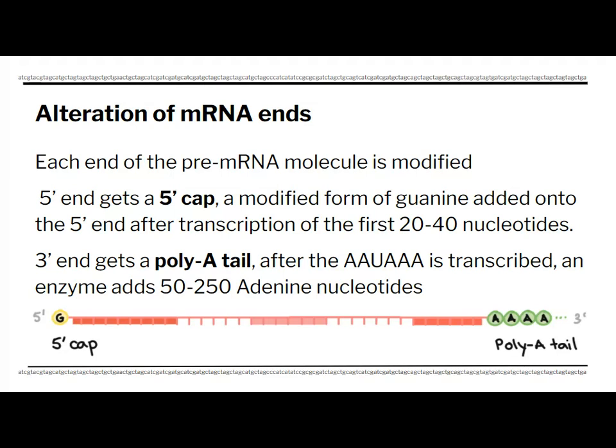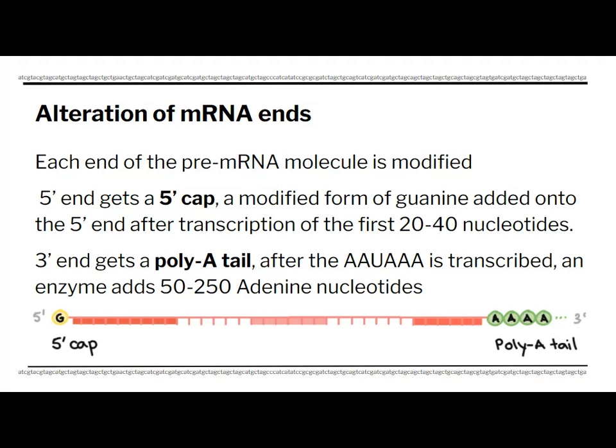So the 5' end gets a special modified guanine added to the 5' end after the transcription of the first 20 to 40 nucleotides. So after we get a decent ways down, before the end is even done, we will have this special guanine added to the end, or the beginning, I guess. That's a cap. It makes sure that nothing comes in and degrades the stuff off the beginning.